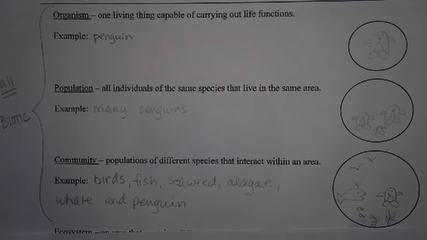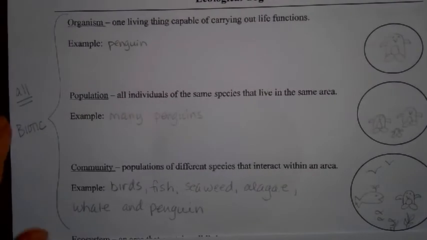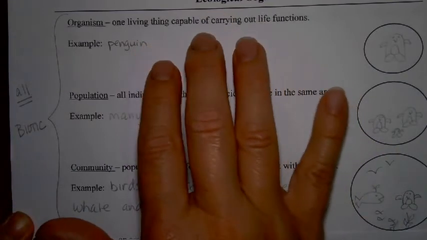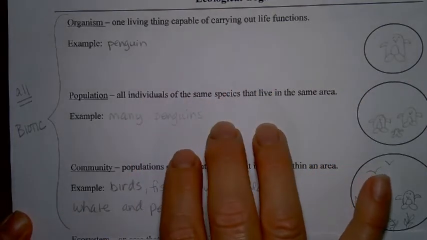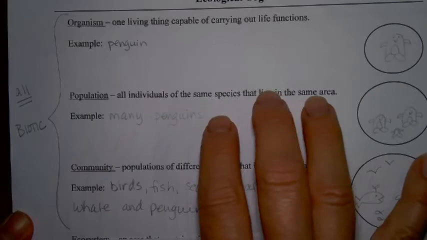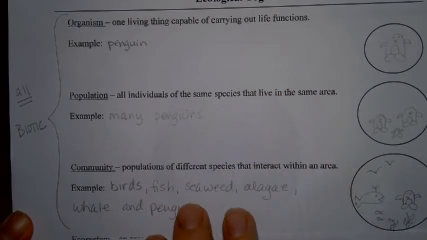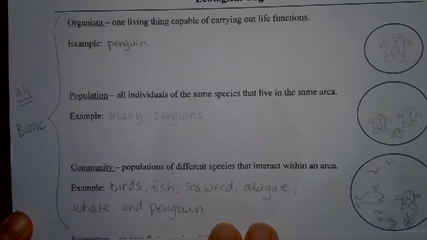All of these things are living. That's a really important thing to know, and I wrote it over here. An organism is one living or biotic thing. Many organisms of the same species, a population, that's all living things of the same species. A community is all biotic organisms.